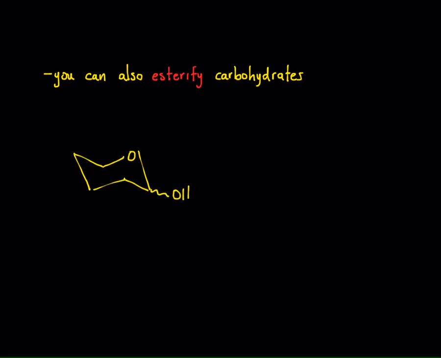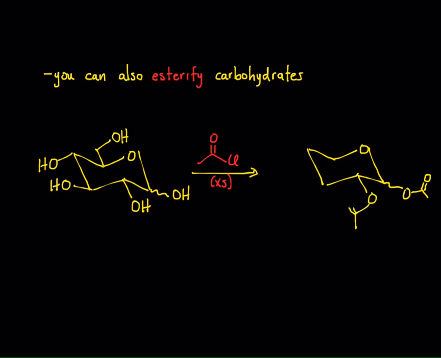So if I take glucose here and I treat glucose with acetyl chloride or acid anhydride in excess amount, basically what happens, I can esterify all of those OH groups, and so that's exactly what I get here, right? So I'm forming acetate esters all around.